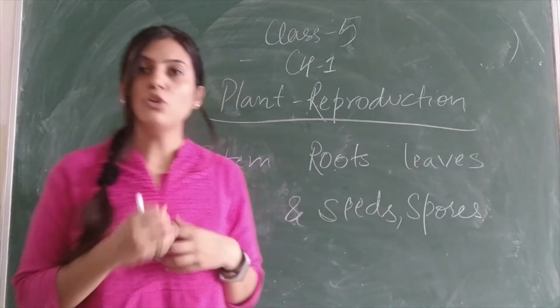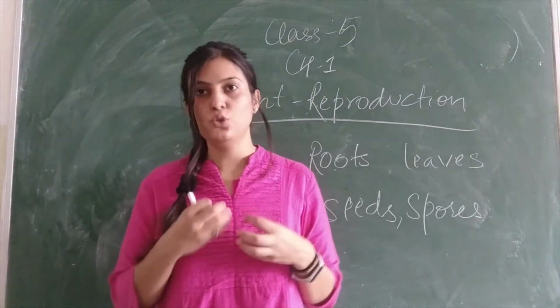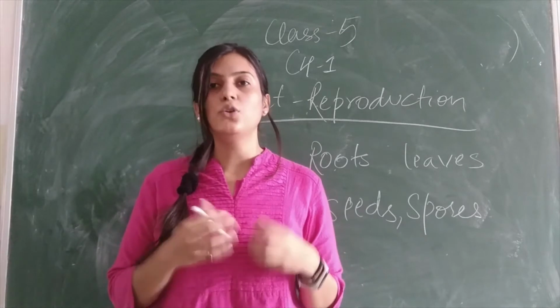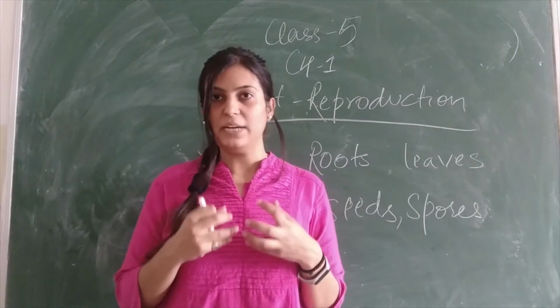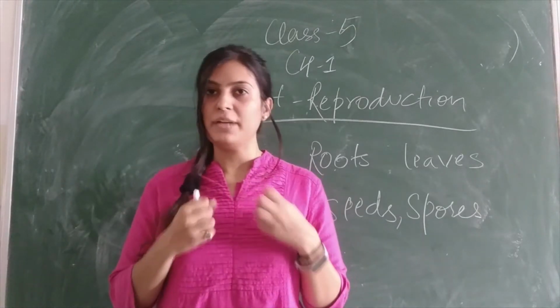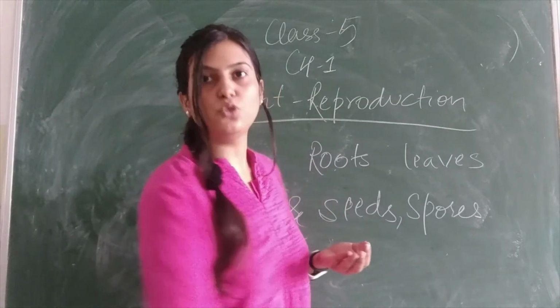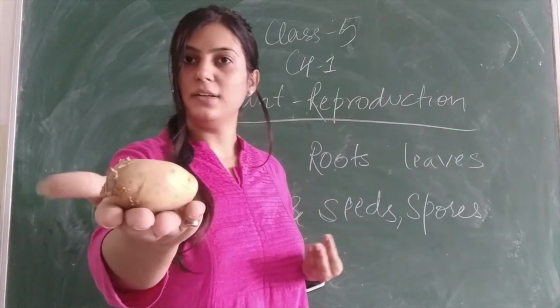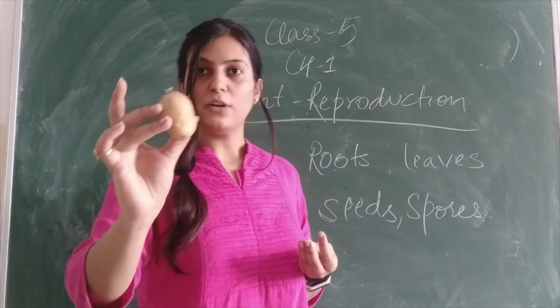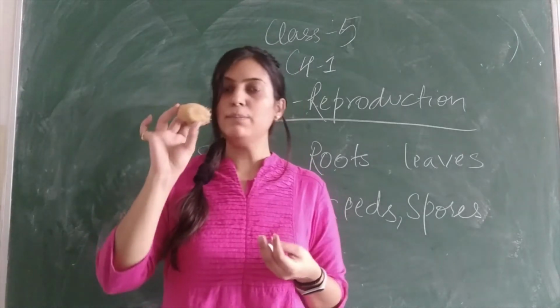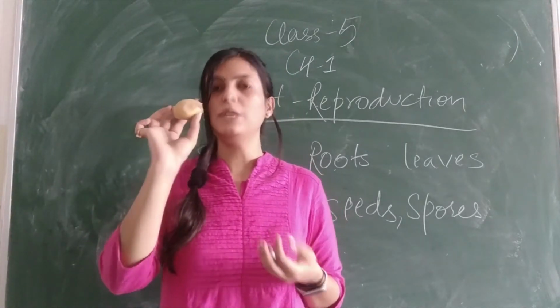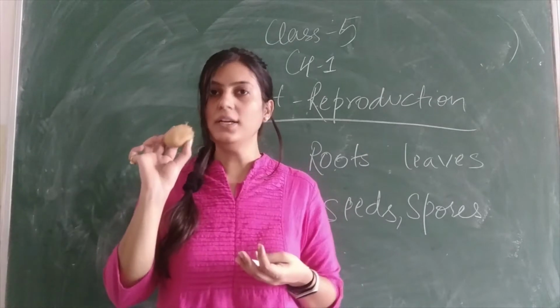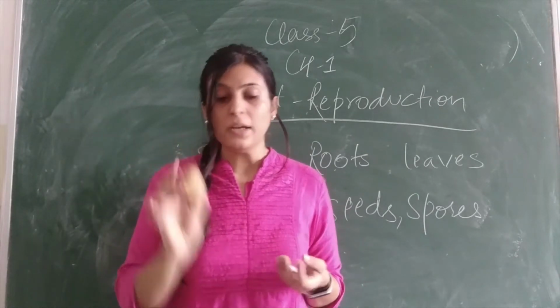See, how do plants reproduce through stem? You all have seen potatoes, right? There are potatoes in your house, or I can show you that this is the potato. How do plants reproduce through potato? Potato is an underground stem, right?